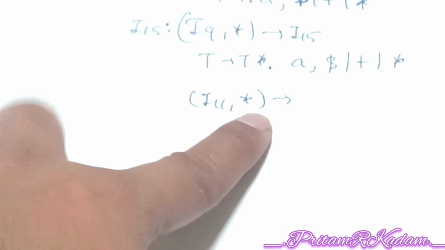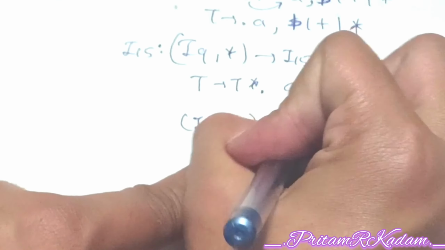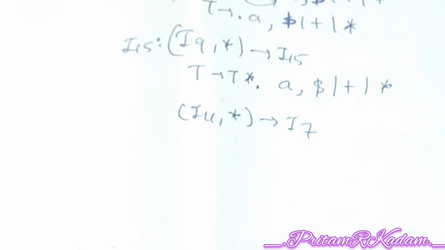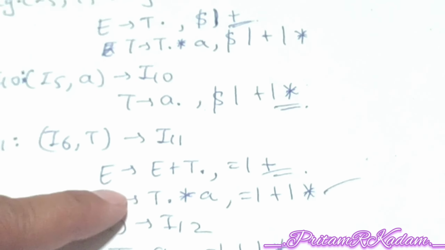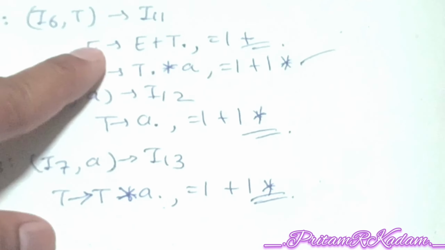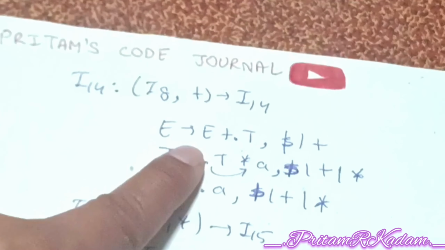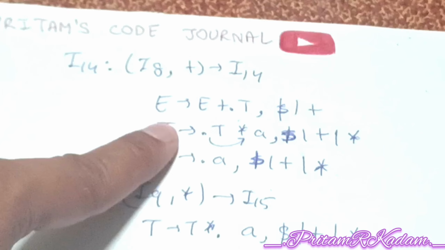So what I can do is I11 on star goes to I7. We have to write the new states for the productions which are not completed earlier. So this I11 state is completed now. We will proceed to I12, which is already completed. Now I13 also is completed.